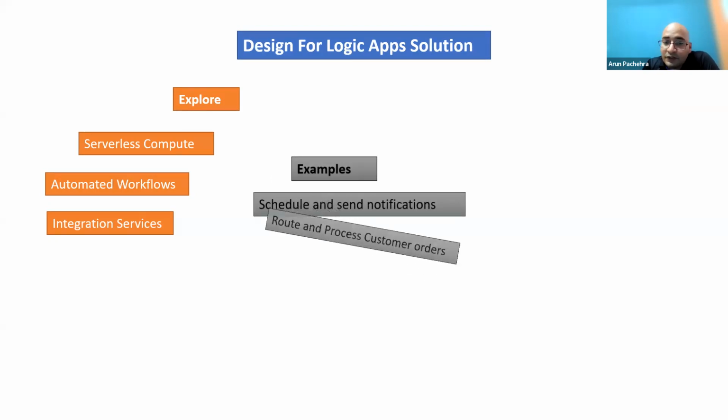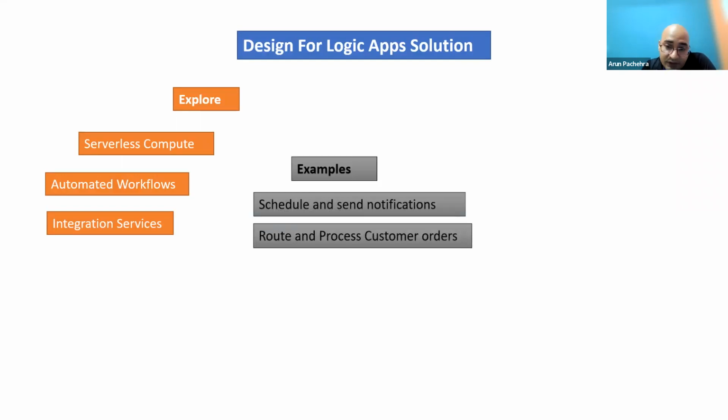We can also use Logic Apps to route and process customer orders across on-premises systems and cloud services. Whenever there is Defender and Sentinel, I talked about, anything, even through Azure Monitor, we can trigger runbooks for actions with the help of Logic Apps.